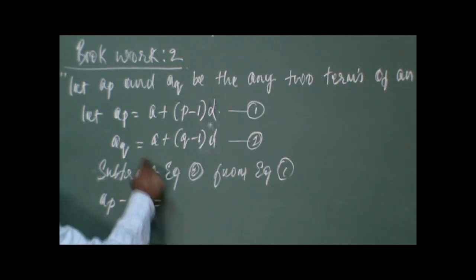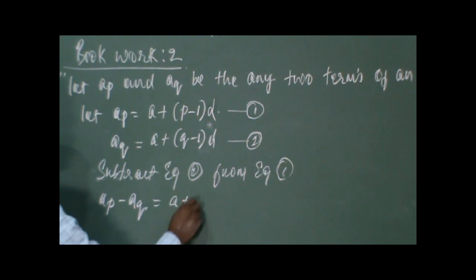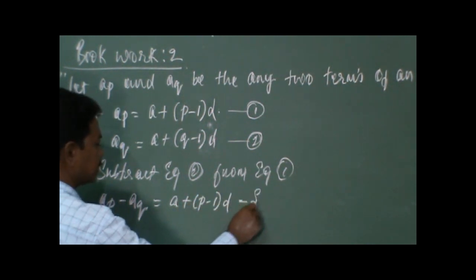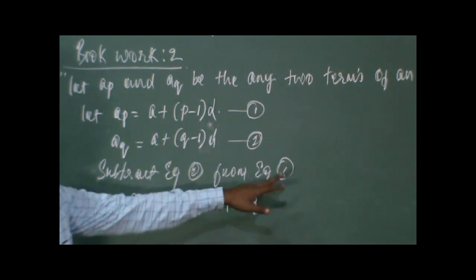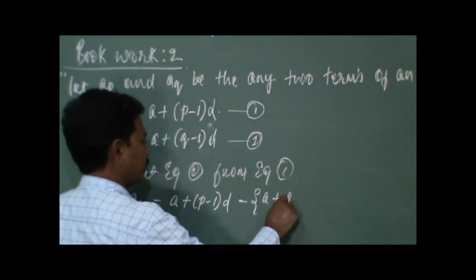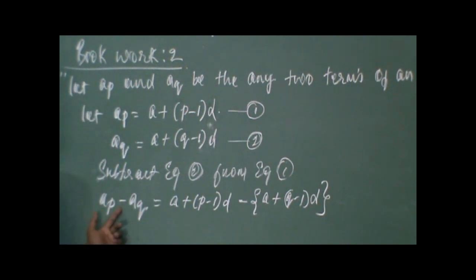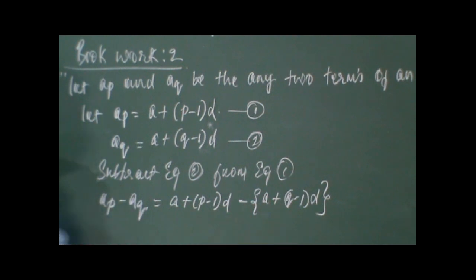LHS you have subtracted, so therefore RHS is going to get subtracted. So A plus P minus 1 into D minus, as it is a binomial, after the minus sign you have to open the brackets, write the binomial A plus Q minus 1 into D. This is AP minus AQ.